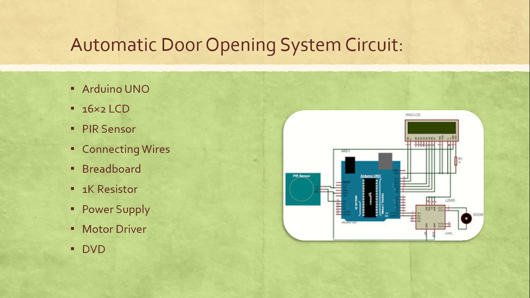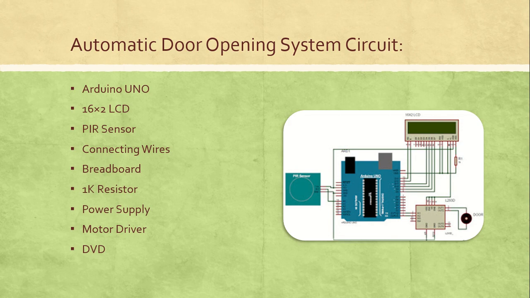The circuit connection of this system is shown in the image. LCD display is used to display the status. Motor driver L293D is connected to pin 0 and pin 1 of Arduino for opening and closing the door.